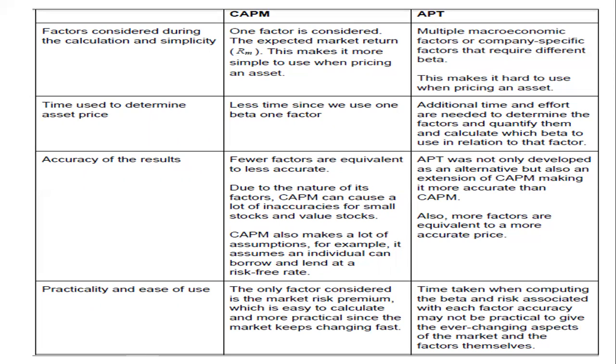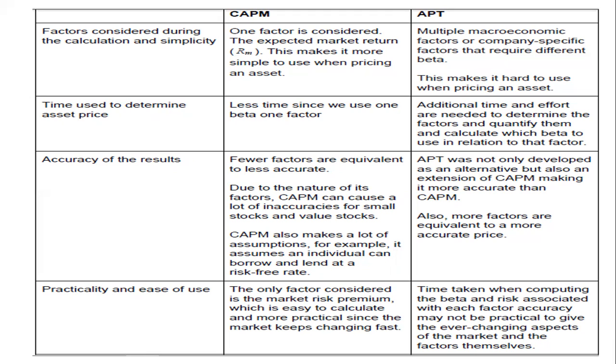Accuracy of the results. Fewer factors are equivalent to less accuracy. Due to the nature of its factors, CAPM can cause a lot of inaccuracy for small stocks and value stocks. CAPM also makes a lot of assumptions, for example, that an individual can borrow and lend at a risk-free rate.